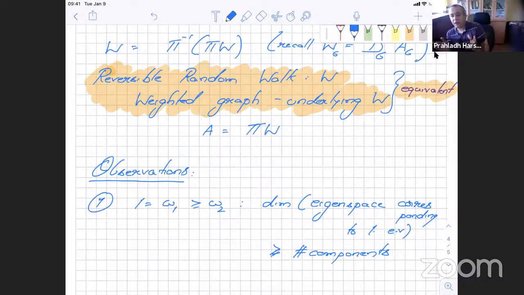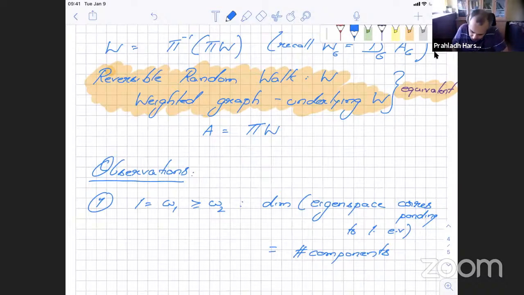Therefore, if the graph is connected, the eigenspace can only be of dimension 1. So this is actually not just a greater-than-or-equal, this is an equality. The only way the average can hold is if the eigenvector is constant within each component.